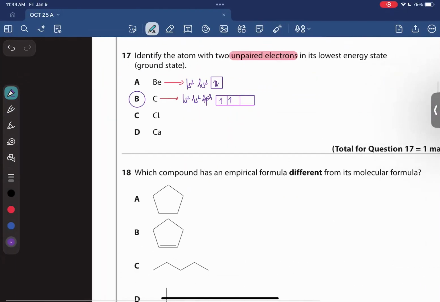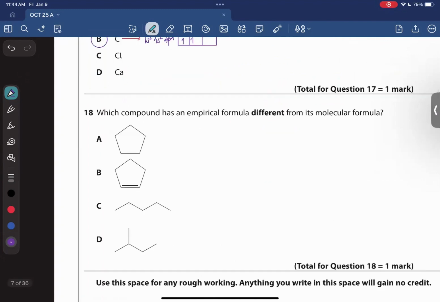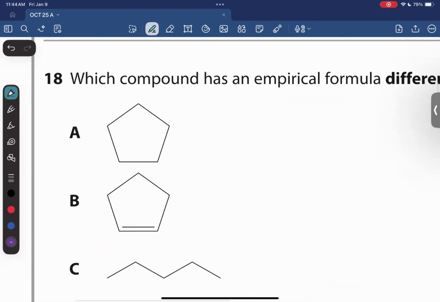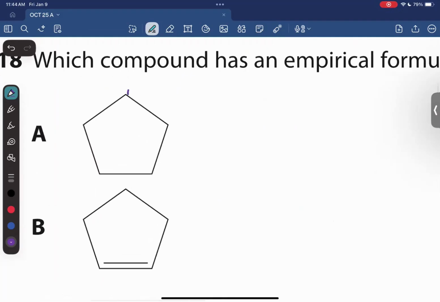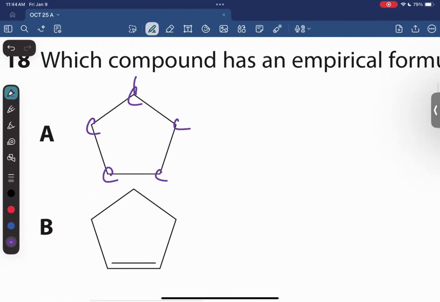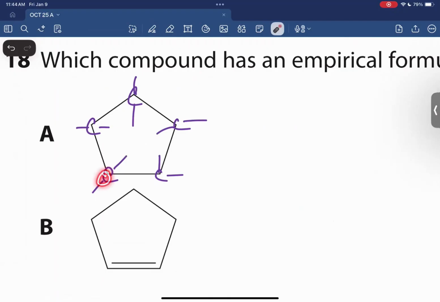Now, which compound has an empirical formula that is different from the molecular formula? Okay. So let's just figure out the molecular formula first. Carbon, carbon, carbon, carbon, carbon. These are hydrogen basically, because one carbon can do a maximum of 4 bonds. One bond is here, one bond is here. So the other bonds should be hydrogen.